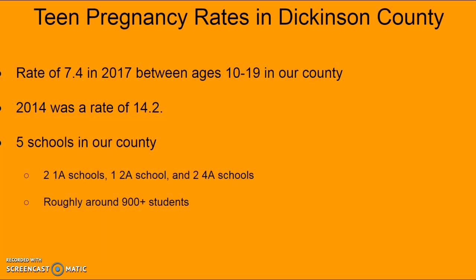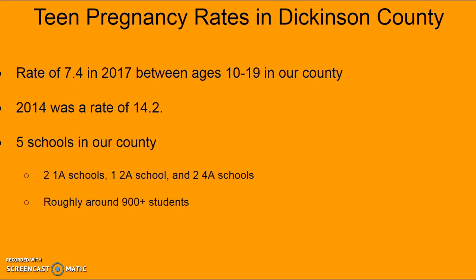The last thing that I looked at was the teen pregnancy rates in Dickinson County. We had a rate of 7.4 in 2017 between the ages of 10 and 19 in our county. Obviously we would like that to be less, but when you look back a few years, 2014 was a rate of 14.2. This has gone down throughout the years.